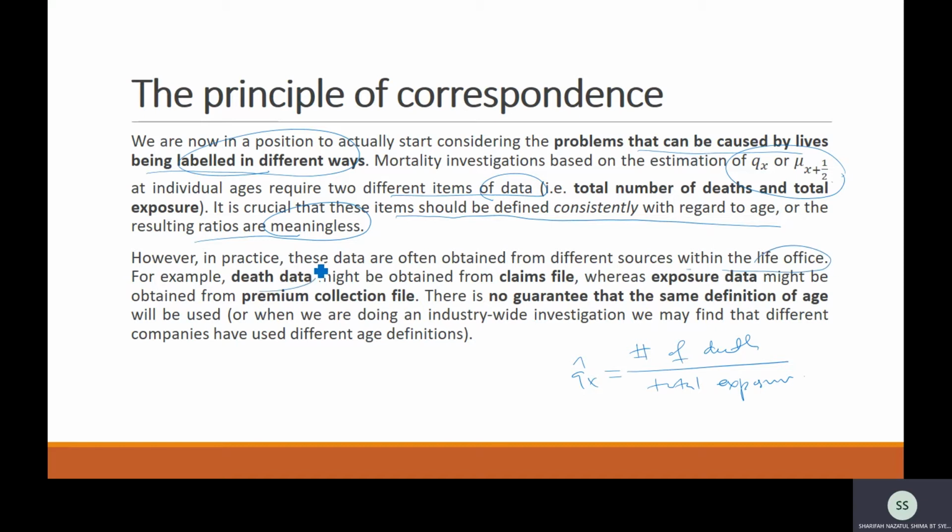For example, death data you obtain from the claim files, while your exposure data you obtain from the premium collection files. So there is no guarantee that the same definition of age will be used. When we are doing an industry-wide investigation, we may find that different companies use different age definitions.